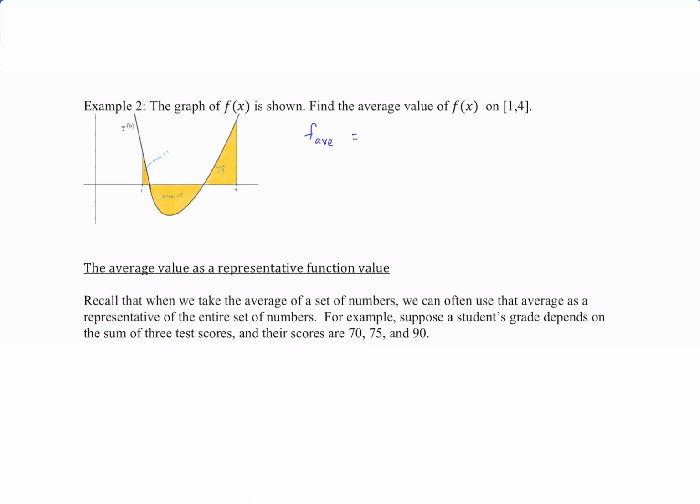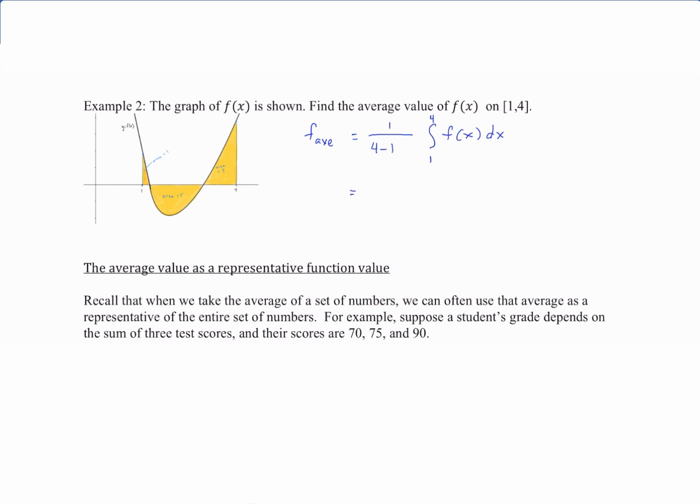We know it's going to be 1 over b minus a, that's 4 minus 1 in this case, times the definite integral from 1 to 4 of f of x dx.